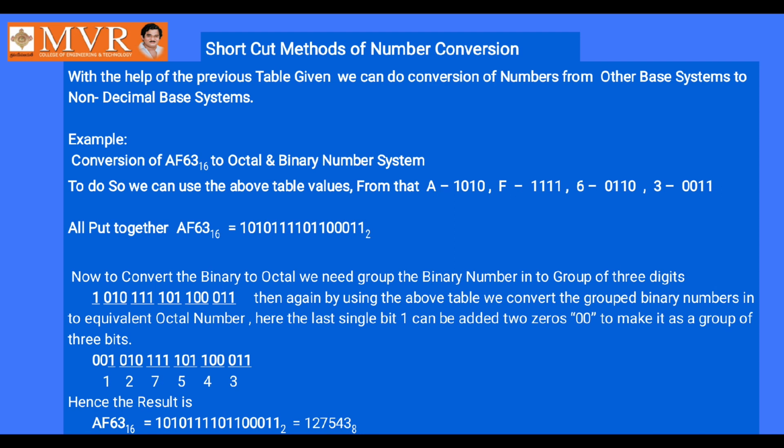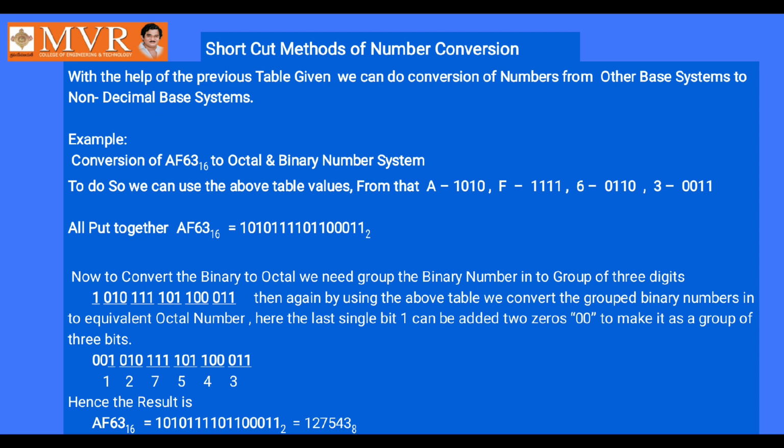So that's why whatever the number given, you convert it into groups of 3 from right to left. So here in the AF63 value, you write it the same and make it into groups of 3. 011 first group, 100 second group, 101 third one, 111 fourth one, 010 fifth one. Last one will be left out. Why?